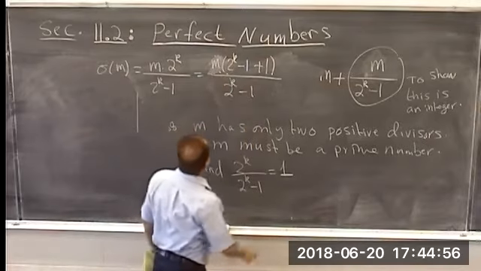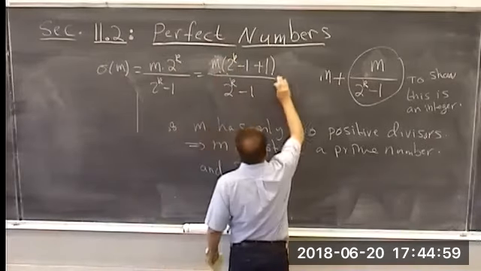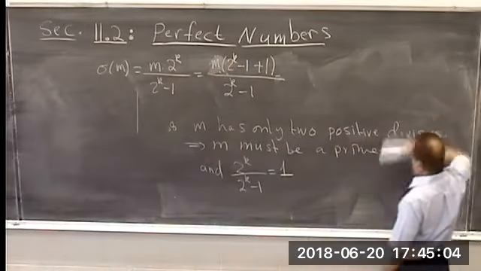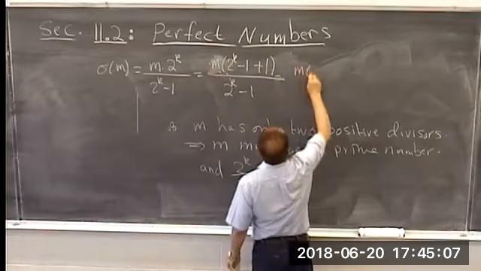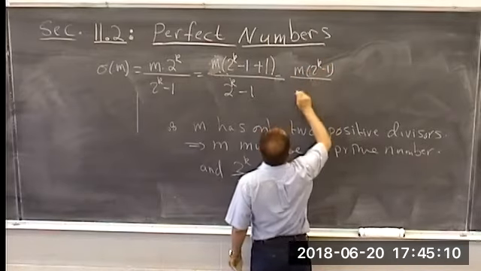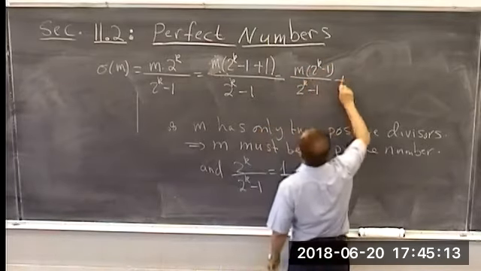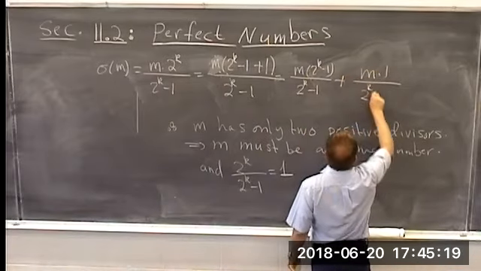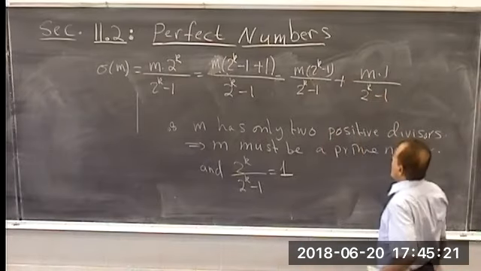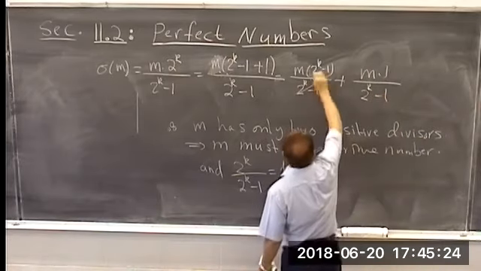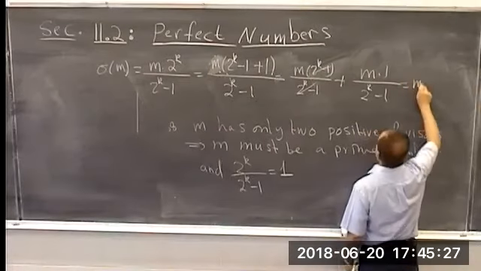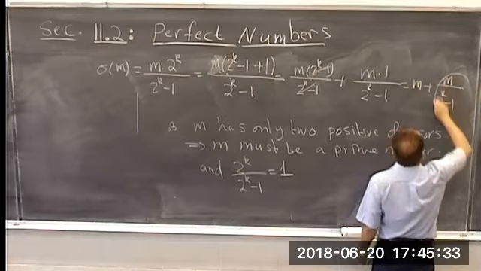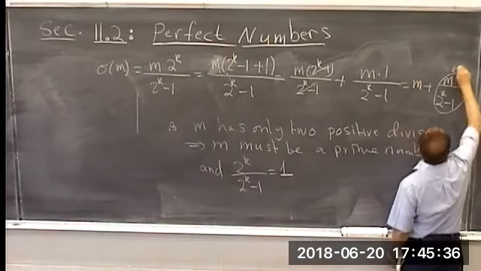Then when we multiply m in here, we come up with m times 2 to the k minus 1 over 2 to the k minus 1, plus m times 1 over 2 to the k minus 1. Now the 2 to the k minus 1 cancels out, so we end up with m plus m over 2 to the k minus 1. And this one, which I have shown, is as I mentioned.